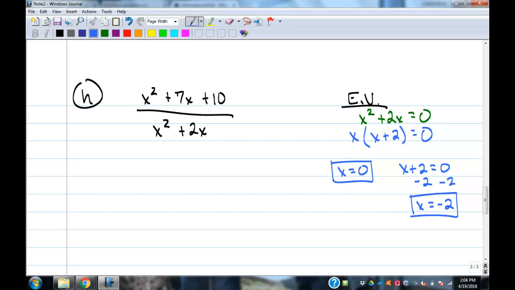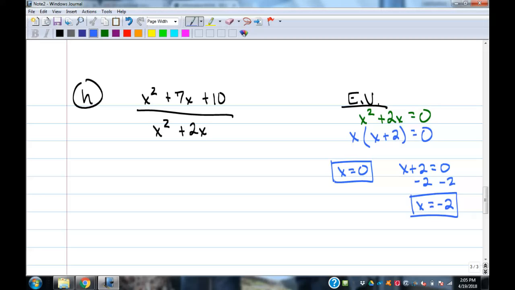Okay. Because if I put a 0 in for x here, I'd get 0 squared plus 2 times 0, which is 0 plus 0, which is 0, and I can't divide by 0. Okay? And here, if I put a -2 in, -2 squared is 4, plus 2 times -2 is -4. What's 4 plus -4? 0. Okay? So those are the numbers that don't work.